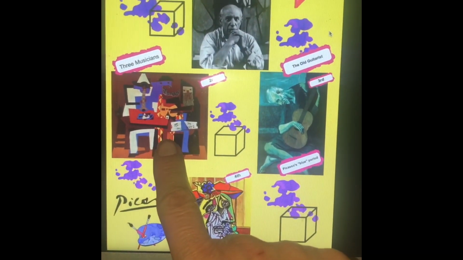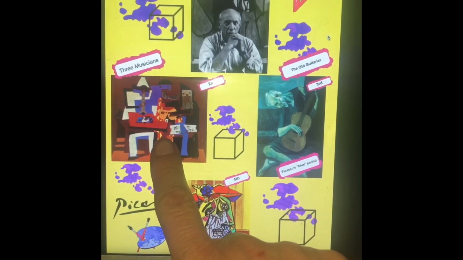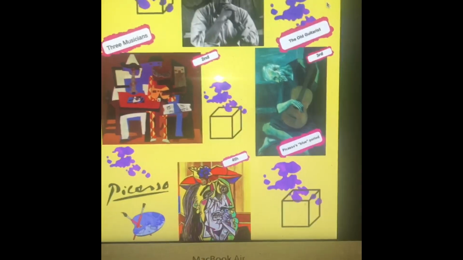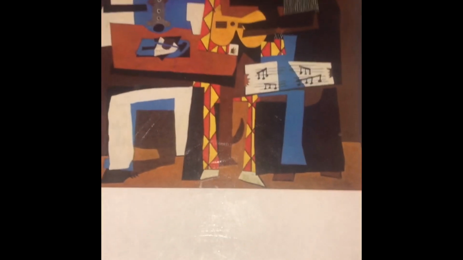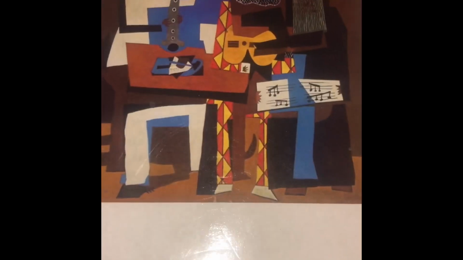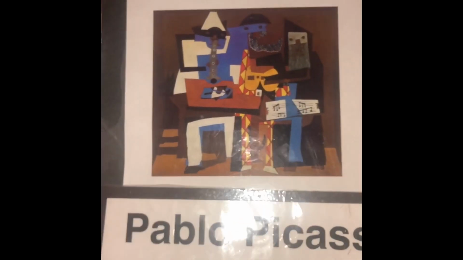And then I have one of his most famous paintings. This one is called The Three Musicians. Now I had that one hanging up in the art room as well. You may remember it. Here, let me put it up in front. Do you remember seeing this one? I had this one hanging in the art room.